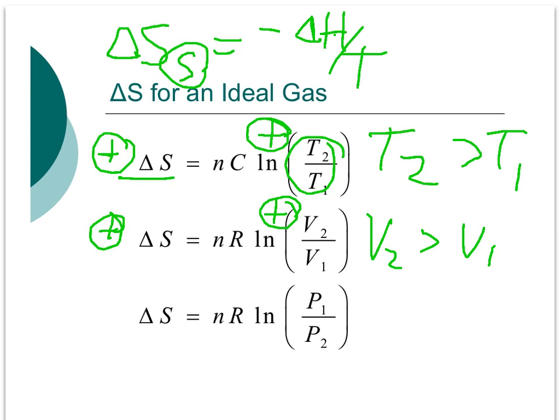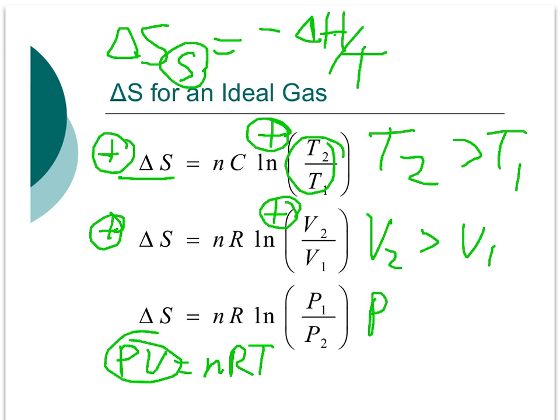Now, you know from the ideal gas equation, PV equals nRT, that pressure and volume are inversely related. So if expansion creates a positive change in the entropy, then the opposite effect will be seen with pressure.